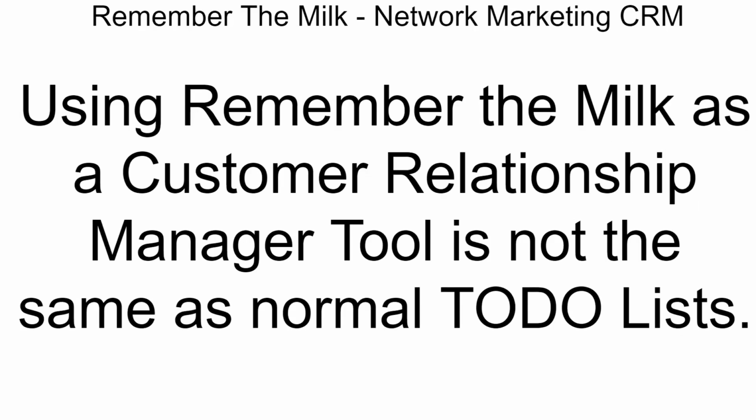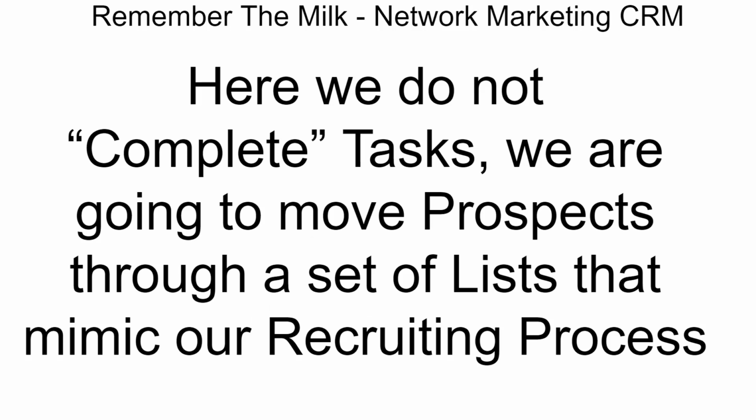It's not the same as a normal to-do list. A normal to-do list, you put tasks in on their due date, you handle the task on or before then, and then you mark them off as done and they disappear from your list. So you're constantly adding new tasks and getting rid of completed tasks. Here, we don't complete. The tasks are people. We don't ever complete a person.